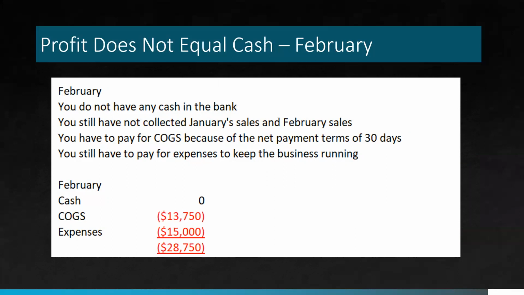But now you have to pay for cost of goods sold because the net payment of 30 days from your cost of goods sold in January now have to be paid in February. So looking at this screen, you can see in February, I don't have any cash on hand. My cost of goods sold expenses are now $13,750, and those were the costs from January. My expenses remain the same at $15,000. So now I'm in the hole for $28,750.